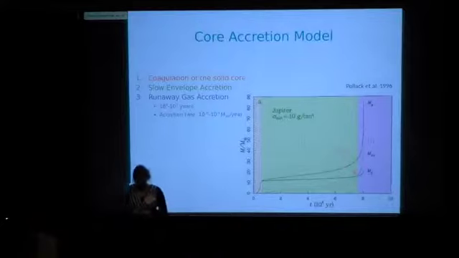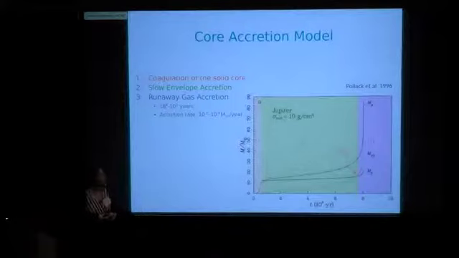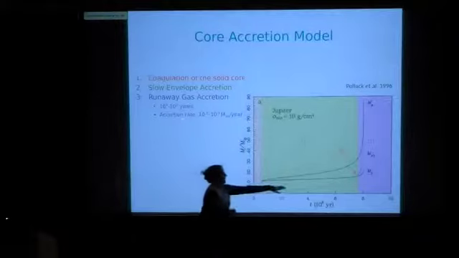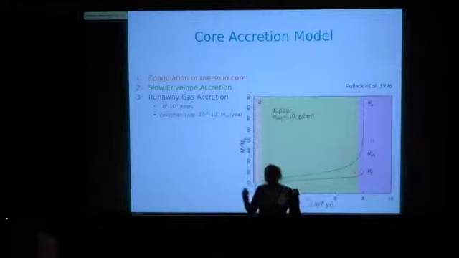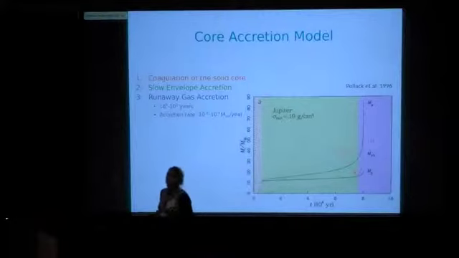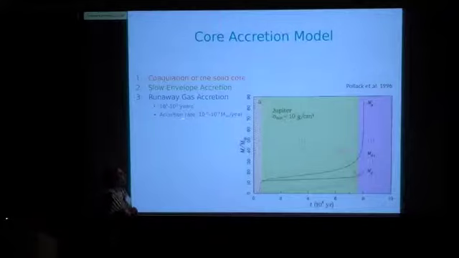By the time the envelope becomes equal in mass with the core, the self-gravity of the gas will start to dominate. The gas envelope will collapse onto the core, and we'll drag in more and more gas. This is when the planet enters the so-called runaway gas accretion regime, when it is thought to grow exponentially.